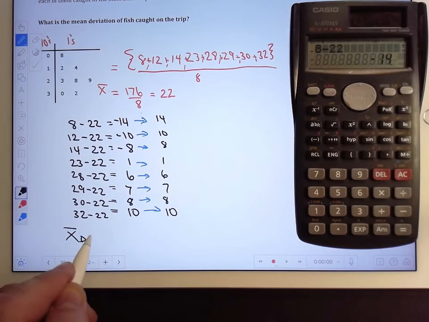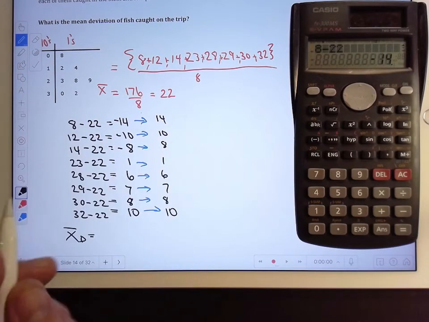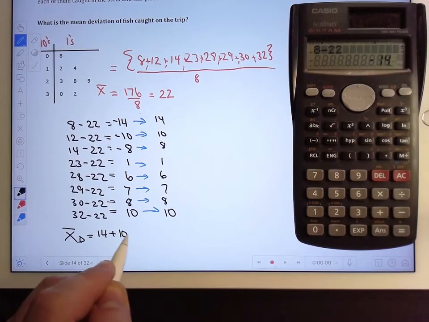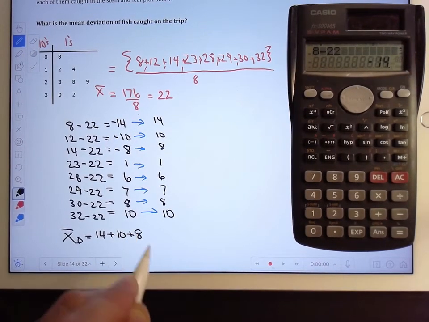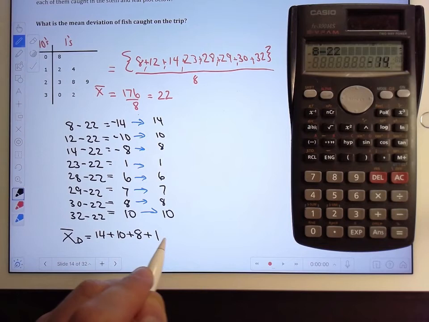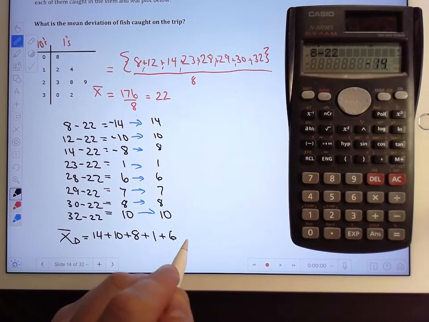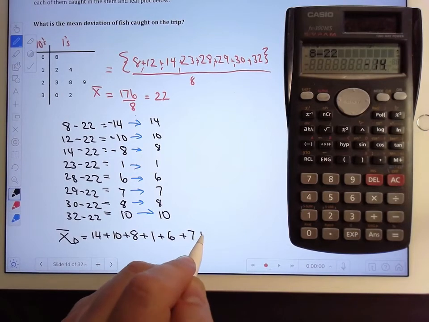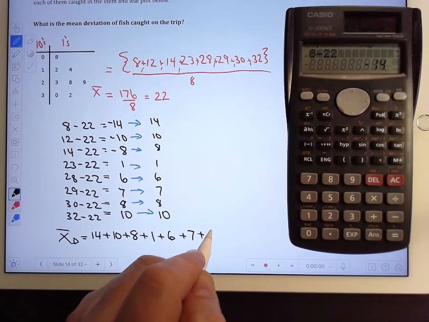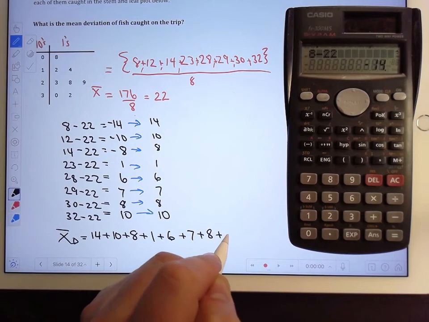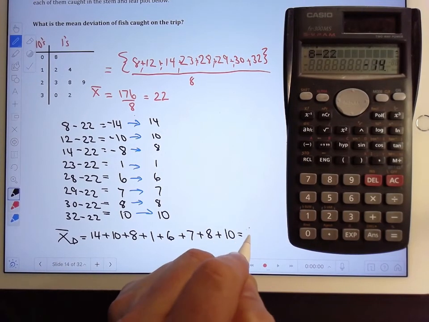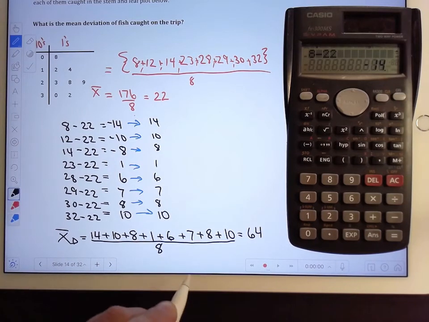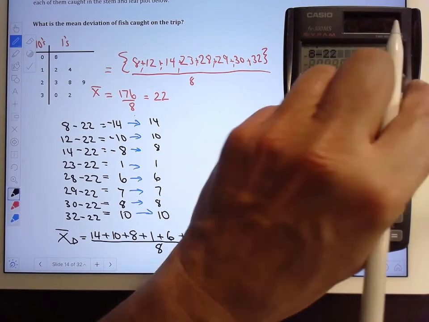So the mean deviation is simply the average then of that last column. 14 plus 10 plus 8 plus 1 plus 6 plus 7 plus 8 plus 10 comes to 64, which I have to divide by 8.